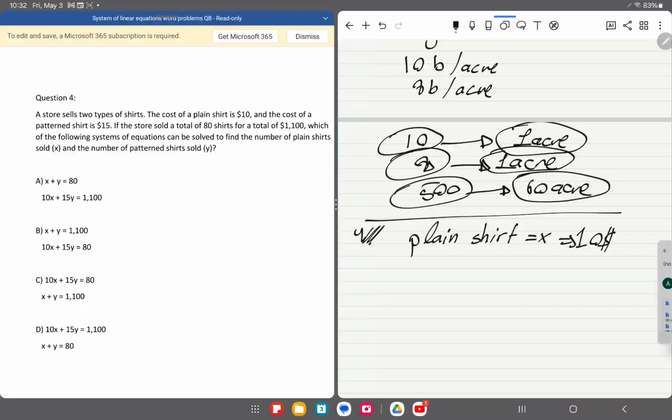They already told us plain shirt is X. A patterned shirt, patterned shirt is Y, which is $15.